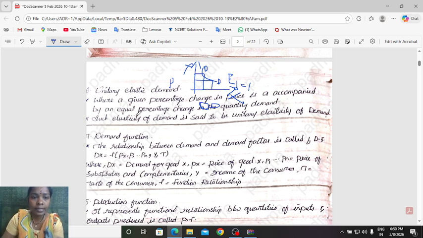Okay, what is a demand function? The relationship between the demand and the demand factors is called the demand function. It means there will be a functional relationship between the demand and the factors related to the demand. This can also be represented with the help of a formula. What is the formula?